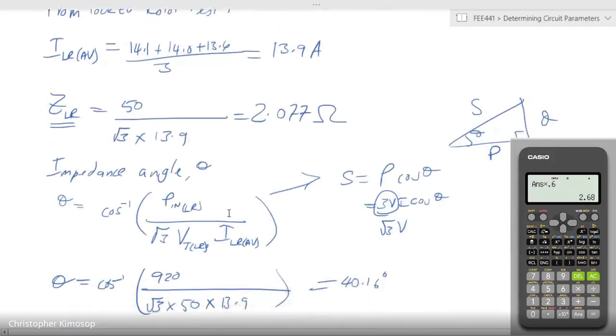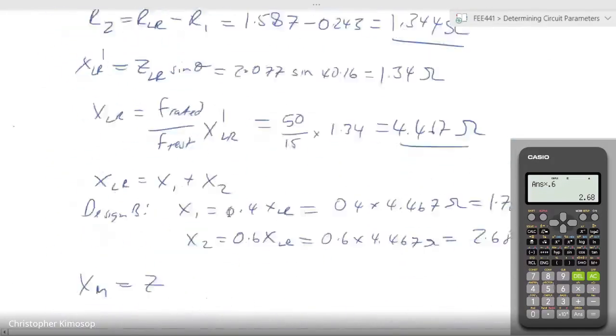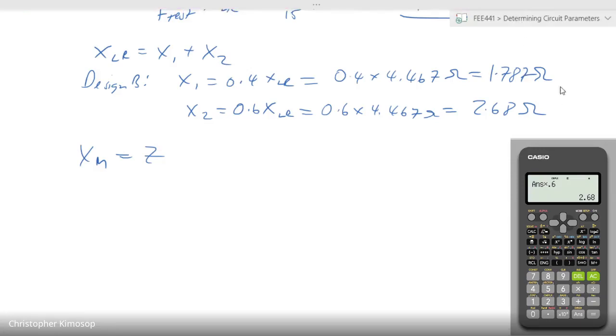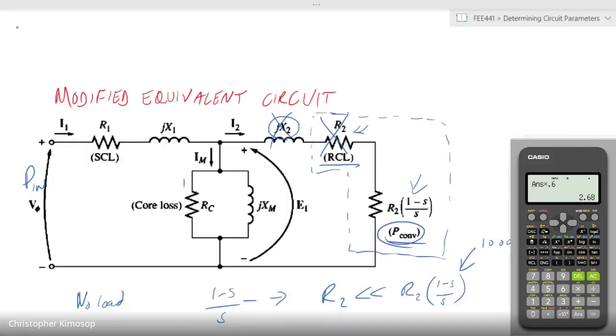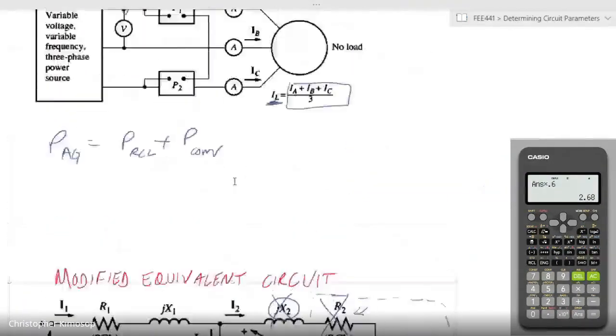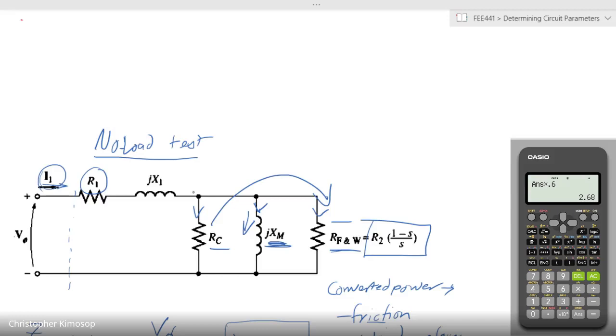Remember, when we had no load, the majority of the only impedances being there are this and this, and we said that the bulk of the current will pass through that path. So we have Z in terms of impedances being X1 plus XM during the no load. So if we know X1, we can then get XM.